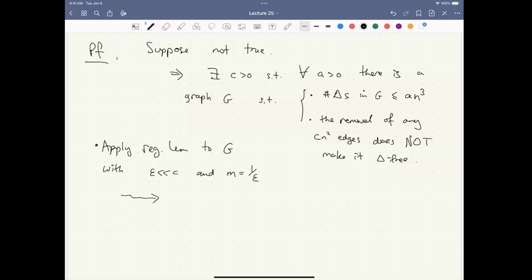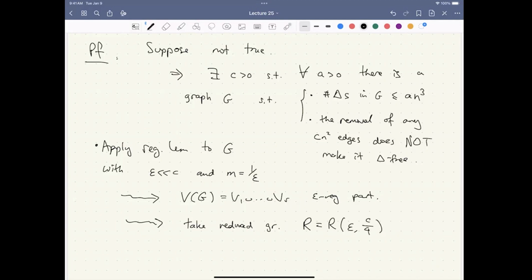This will give us a regular partition. This regular partition will give us a reduced graph. We're going to take the reduced graph R with parameters epsilon and C over 4, meaning you put an edge between a pair of clusters when it's epsilon regular and density is at least C over 4.